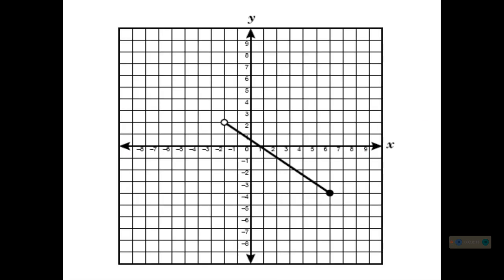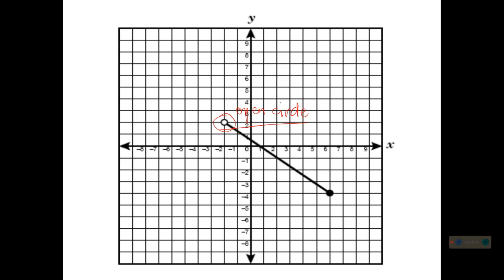You can observe here our circle is open. So we have here the so-called open circle. As I told you in the previous video about function and not function, when it is an open circle, it is not included in your solution.